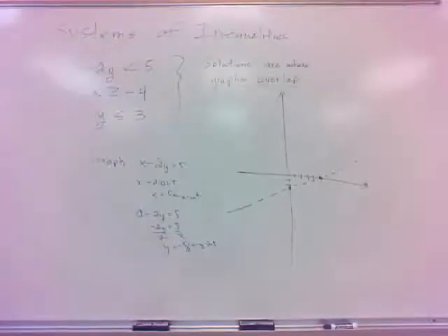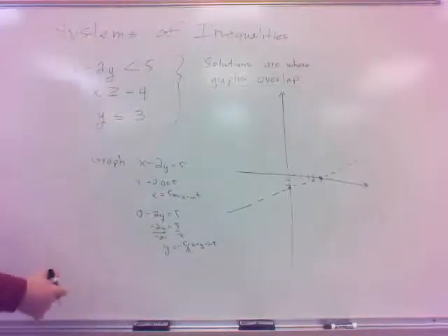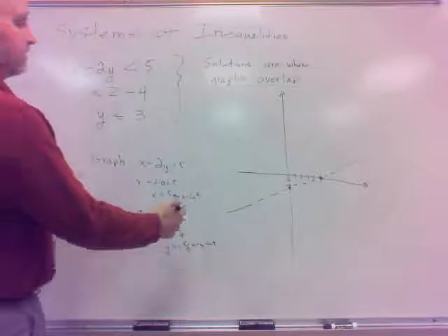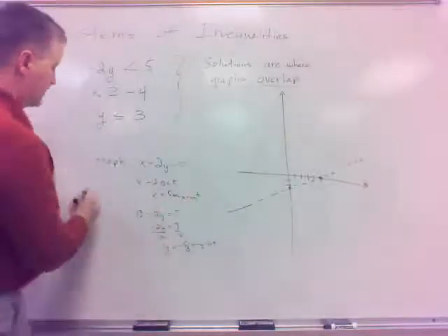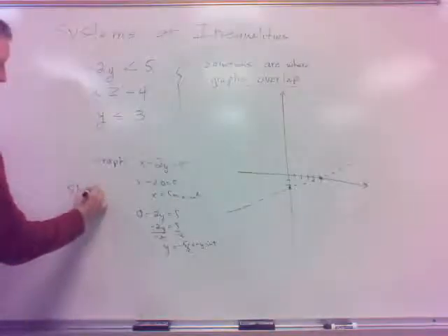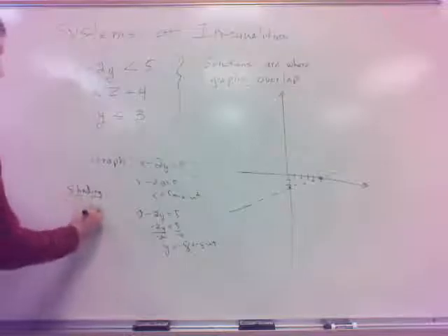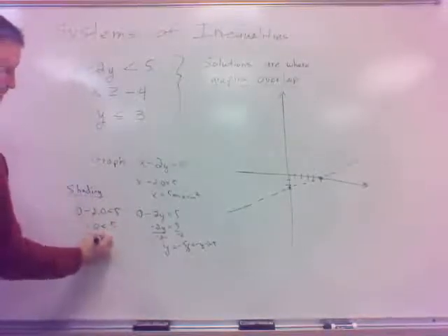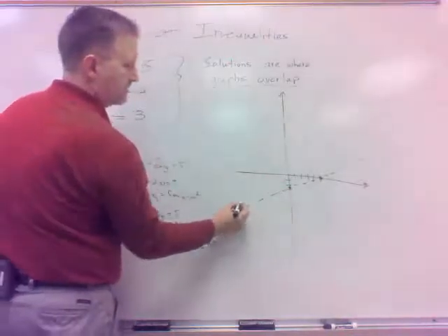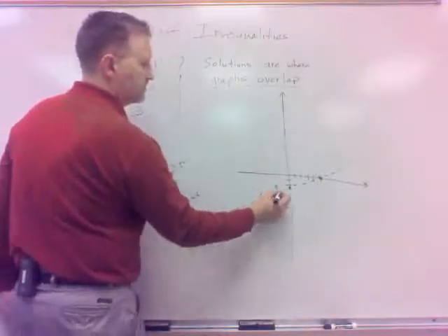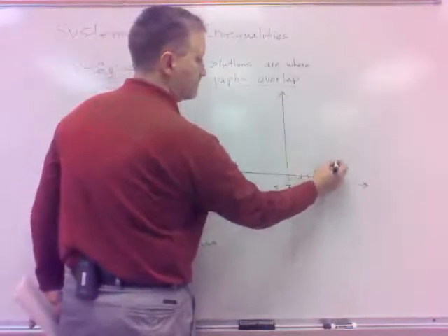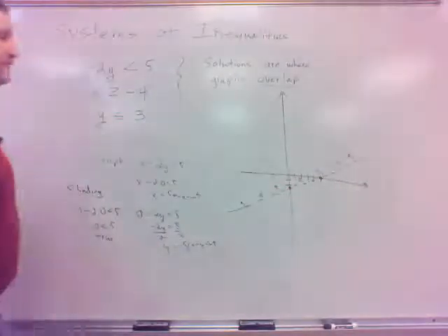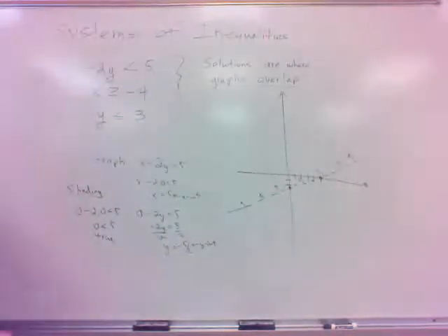And since I want to know where the graphs all overlap, I'm just going to document here which side I would shade without actually doing all the shading. You can if you want, but as far as the shading goes on that, check 0, 0. 0 minus 2 times 0 is less than 5. Yeah, that's true. Okay. So I would shade the 0, 0 side, which would be this side. So let me just say I'd be graphing above.